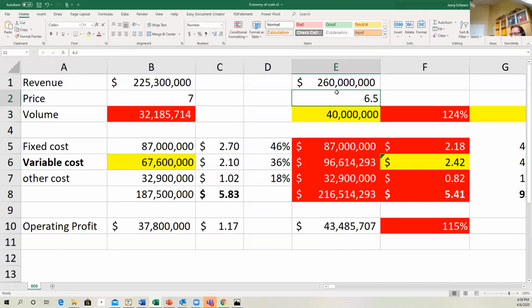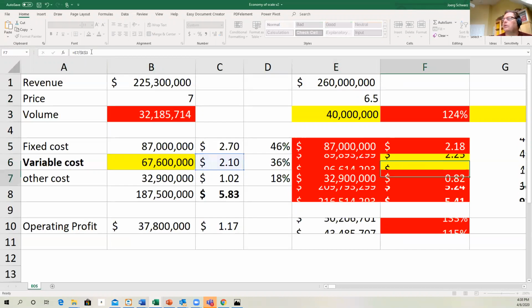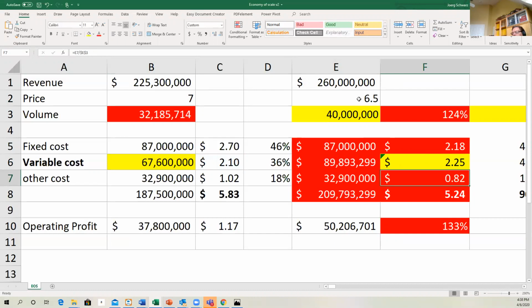We decreased the price and we went to pots, which probably is more than enough to generate 40 million units. Maybe I have to only do liquid and drop the price to $6.50 in order to get to 40 million units in demand. And if I would do that combination, I would have 33% increase in profitability.